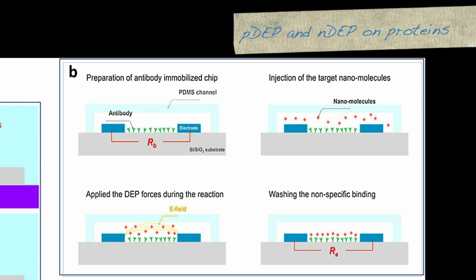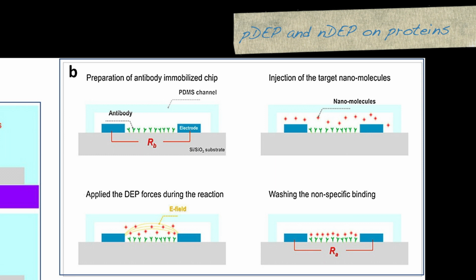So as mentioned, dielectrophoresis can be used for the manipulation of polarizable particles, such as proteins, in the presence of a non-uniform electric field. Dielectrophoresis force is size-dependent and short-ranged, which means that it is dominant at the vicinity of the microelectrodes if applied on large particles.